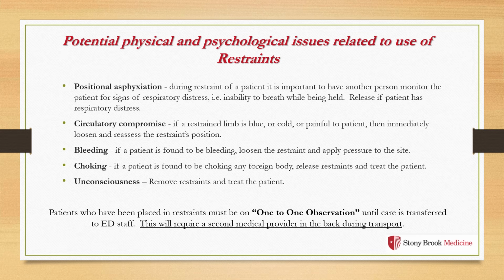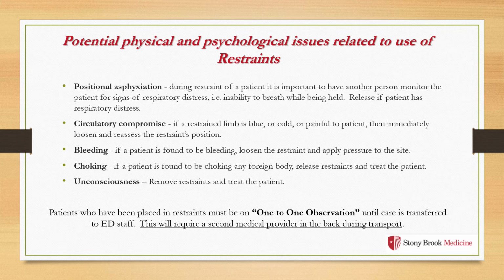There are potential physical and psychological issues related to the use of restraints. Like I mentioned earlier, positional asphyxiation, where when we restrain somebody typically in the prone position, we don't allow them to breathe effectively. If there's any sort of circulatory compromise, so if we put that limb restriction device on and it's too tight and they become blue, cold, or it's painful to the patient, we need to loosen it and reassess the restraint's position.